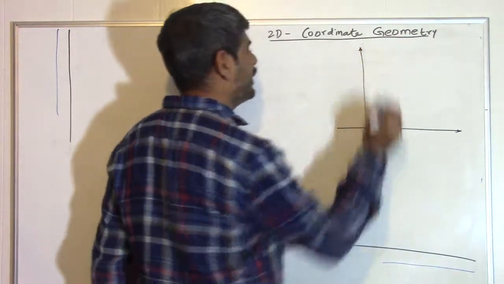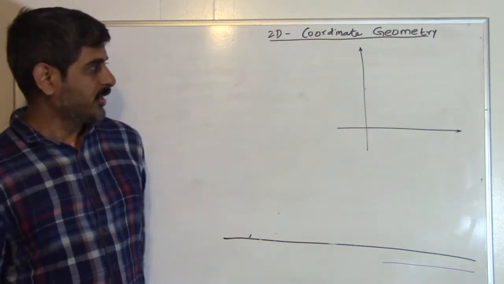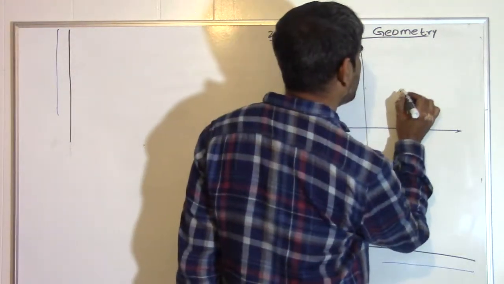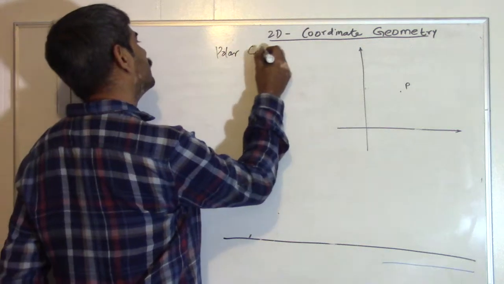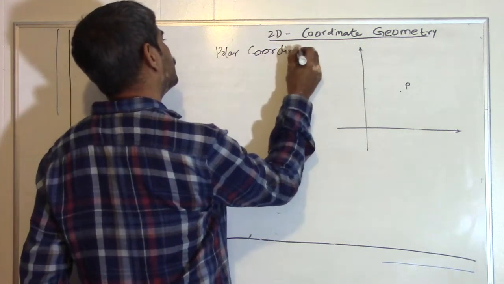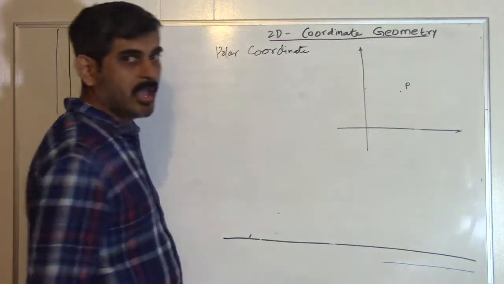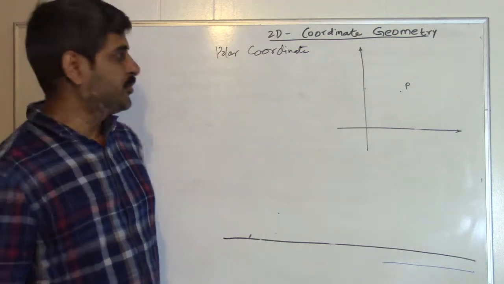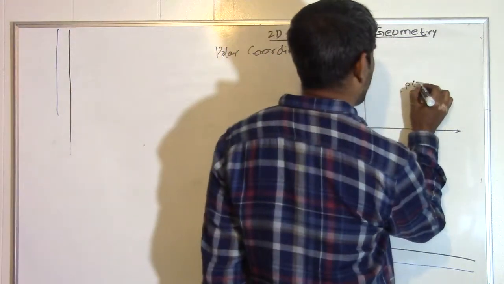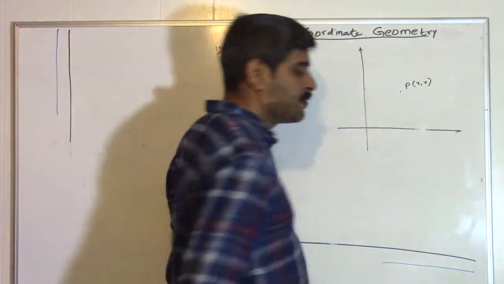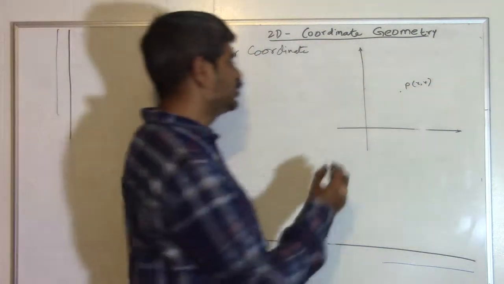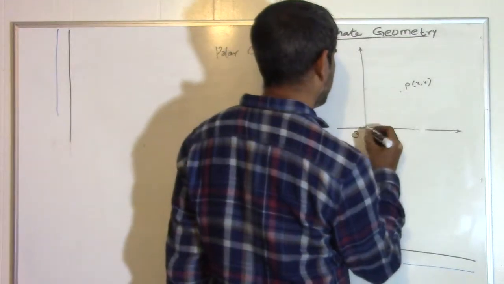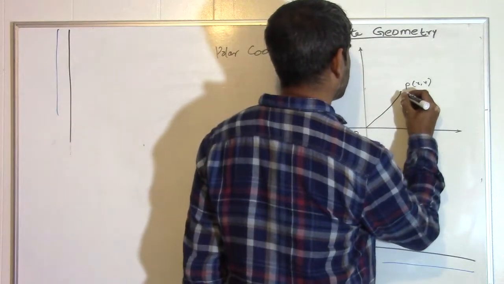To give you an idea of what is polar coordinate, let's say we are given a point P here. And the coordinates of this point P is given as X and Y. Then we know a few things about this point. Let us join my origin to this point P with this line.